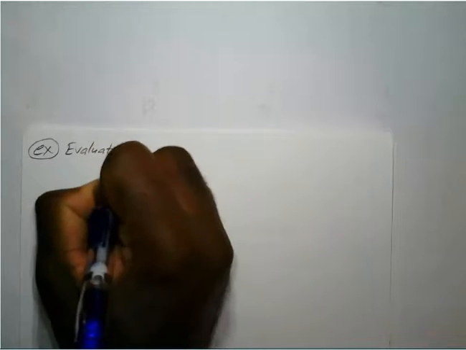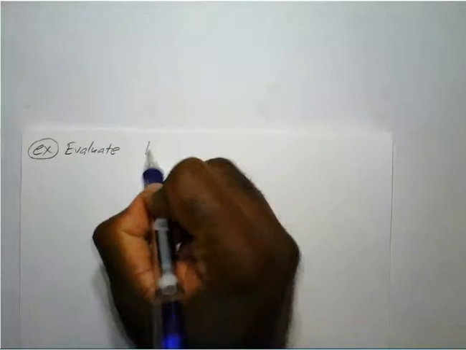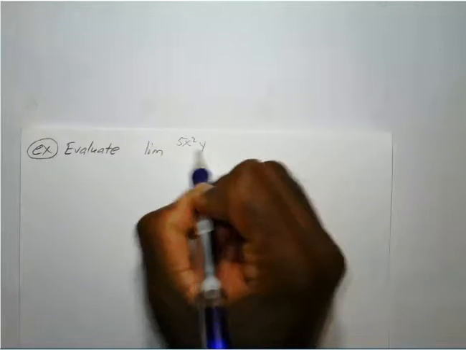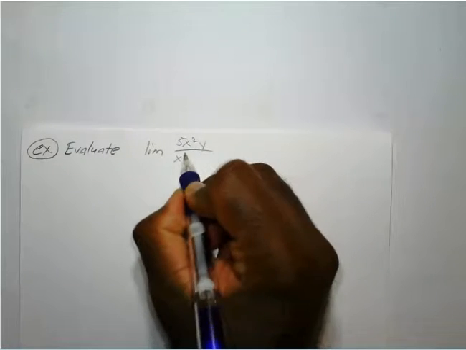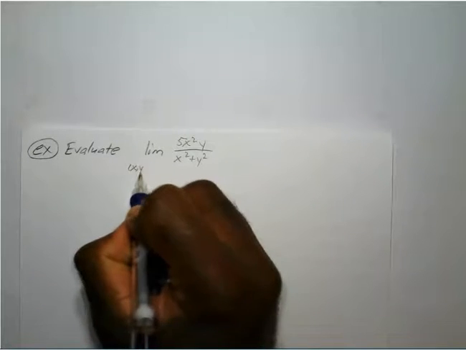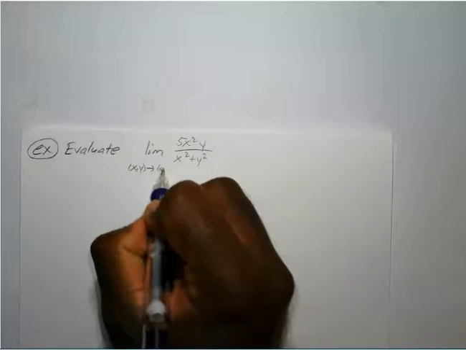All right, so let's say, for example, we wanted to evaluate the limit of 5x squared y over x squared plus y squared as x and y approach 0 and 0.